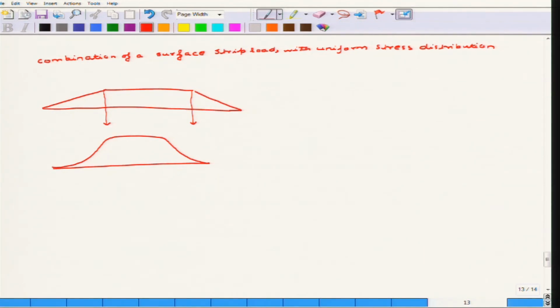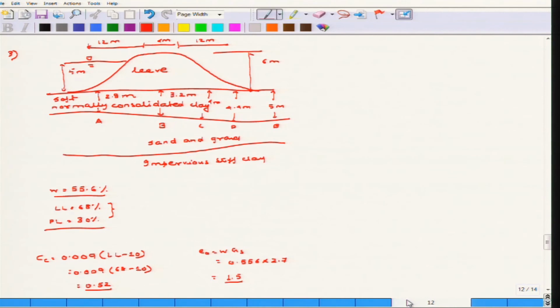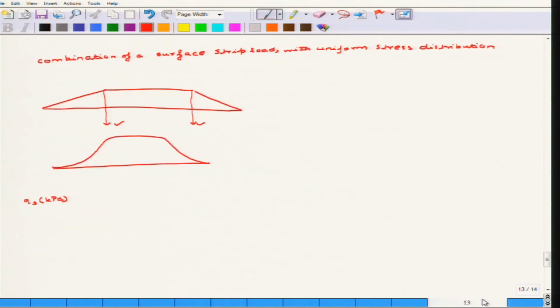So if you consider uniform surface strip load, then in that case you can find out the QS that is generated at each point. So let us first consider only this point and this point, because all the other points we already know. Since the soil profile is given to you, we will consider only at this point what is the depth, then at this point what is the depth.